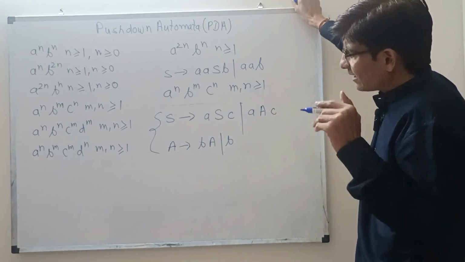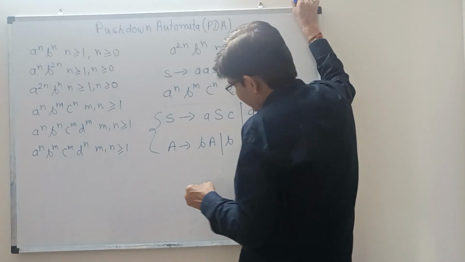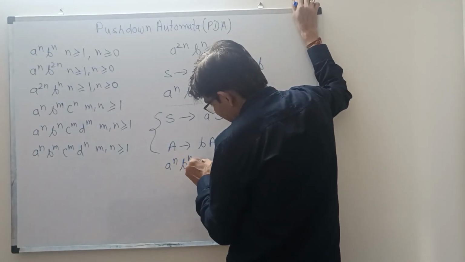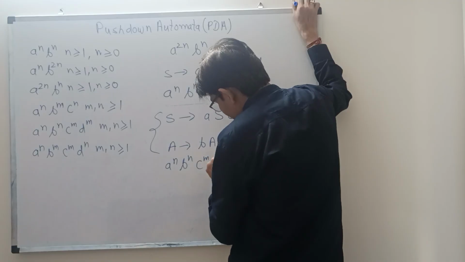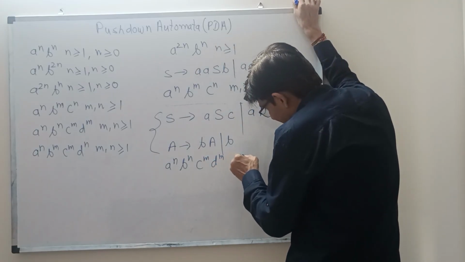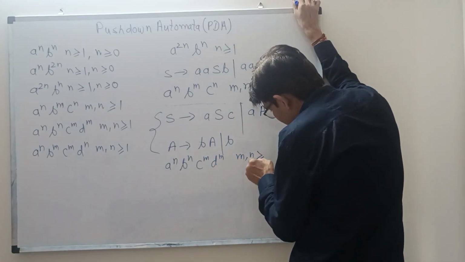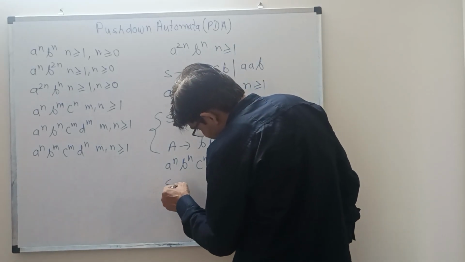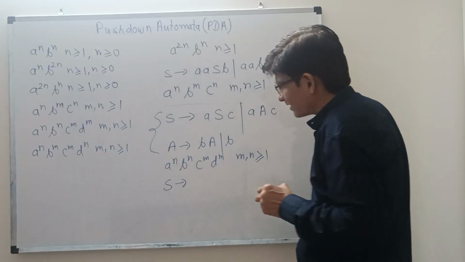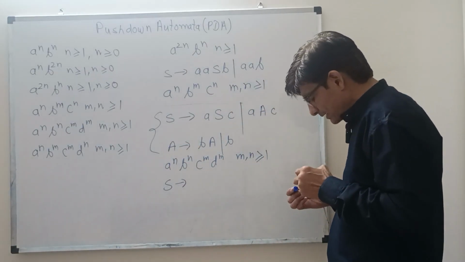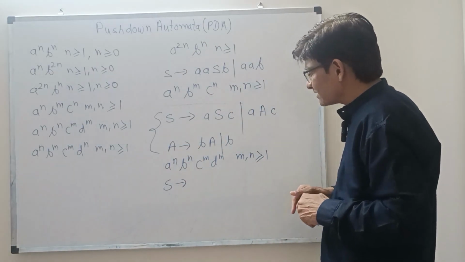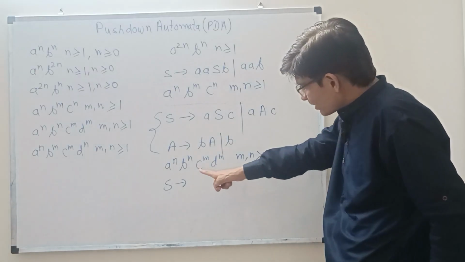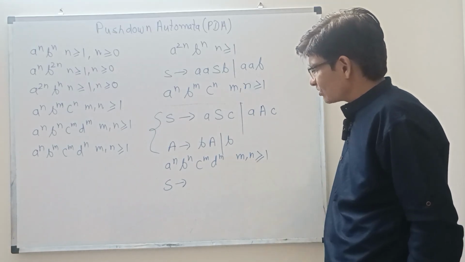Now I will take the next language as an example. So I can have a^n b^n c^m d^m, where m and n are both greater than or equal to 1. So now again we can start from S. Now you can see, my friend, we have to create a relation between the number of occurrences of a and b, as well as the number of occurrences of c and d.